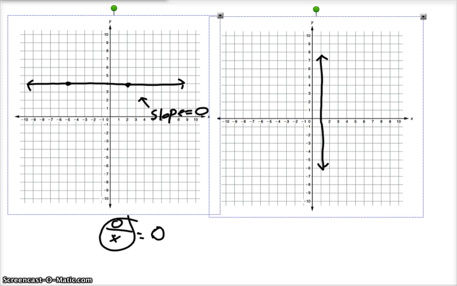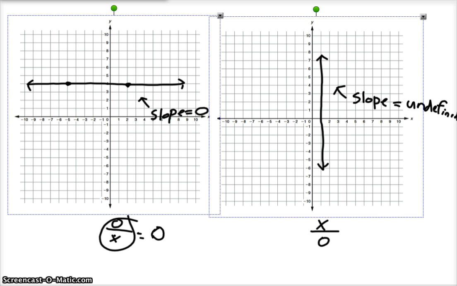However, you'd think that with a straight up and down line, it would also equal 0, but we have something else. When you plug in your problem, you're actually going to end up with some number over 0. And you can't actually divide any number by 0. So when you see a straight up and down vertical line, the slope equals something called undefined.